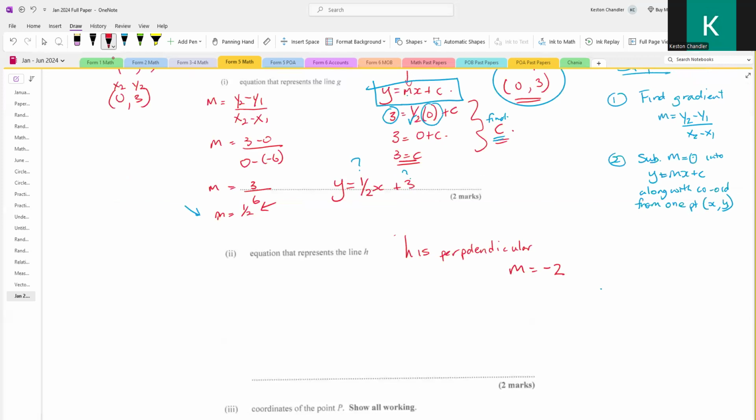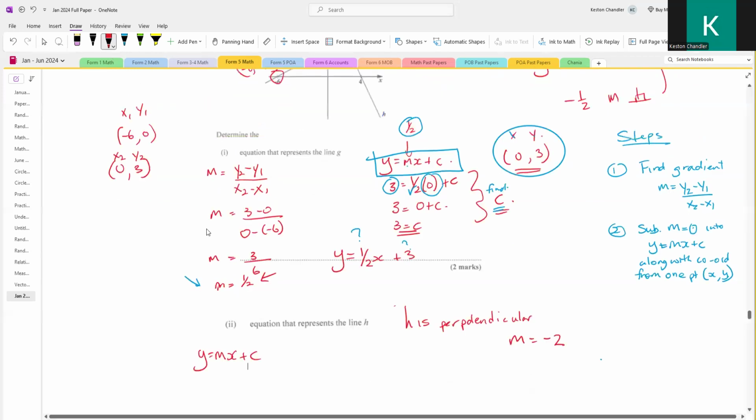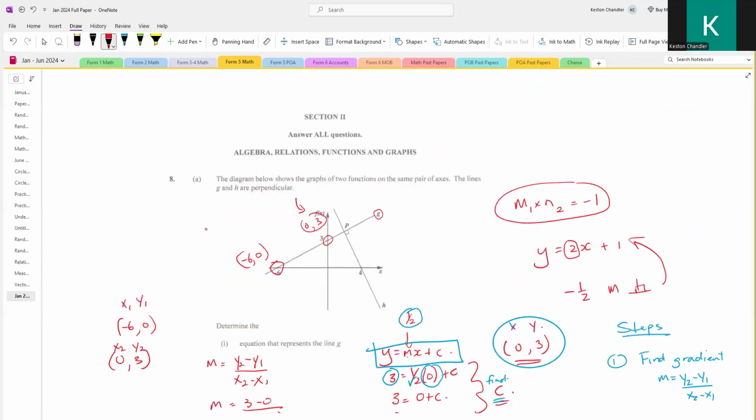So we need to find y = mx + c. So we need a point on the line. We go back here. A point on the line H is this point here. At this point, y is 0. Sorry, x is 4 and y is 0.